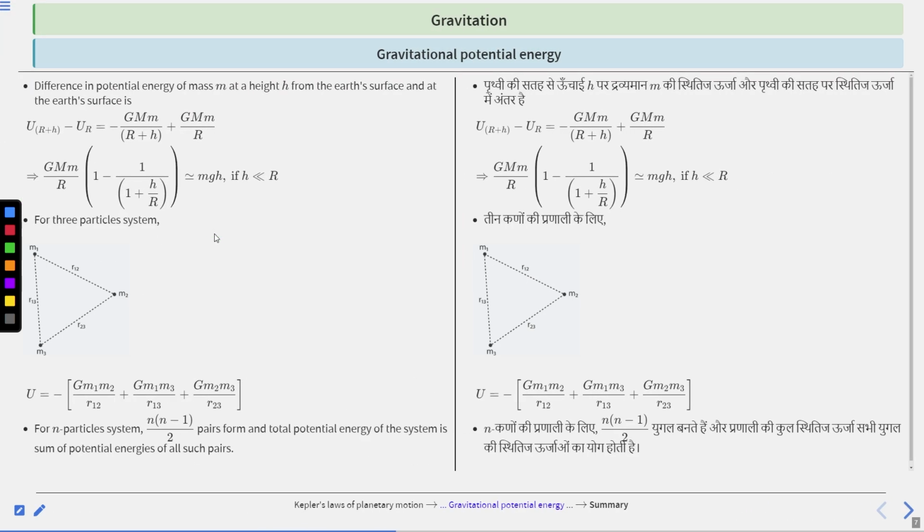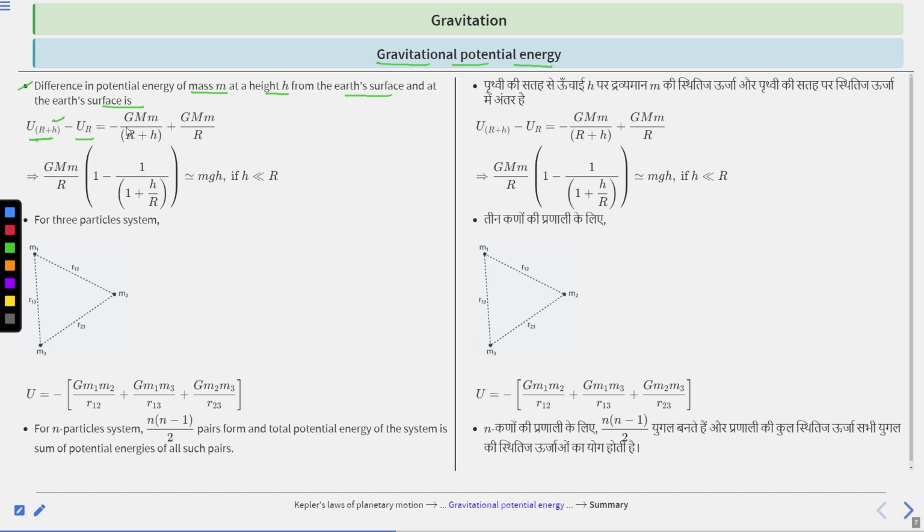Next is gravitational potential energy. The difference in potential energy of mass m at a height h from the earth's surface and at the earth's surface. So with r plus h, this is the gravitational potential energy at height h, and this is the gravitational potential energy at the earth's surface.